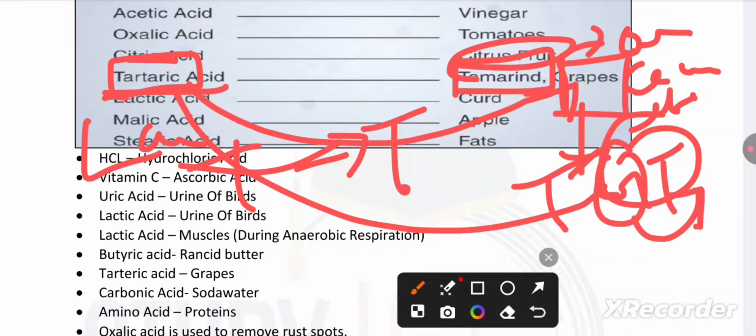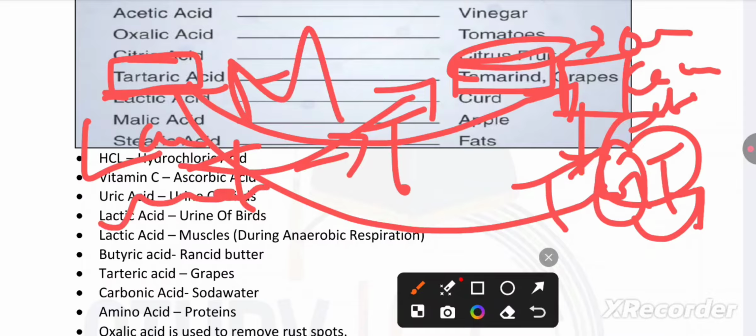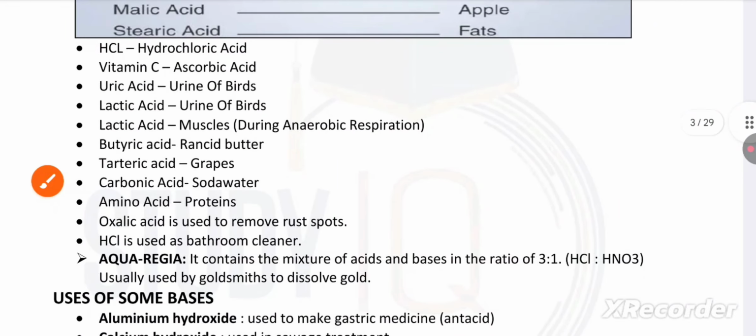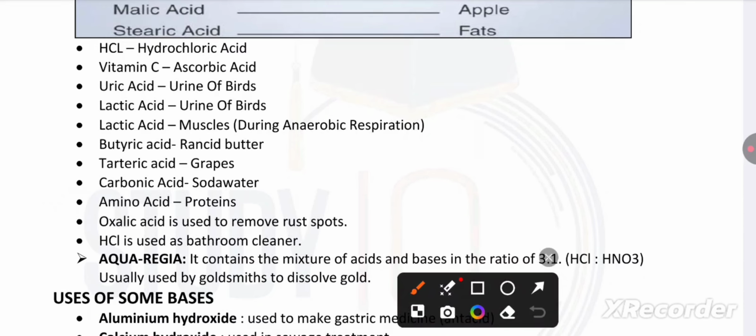Lactic acid, curd, we know. Malic acid, apple. Here, malic acid, M, A. Malic acid, apple. Okay. Oh, sorry, I missed this.